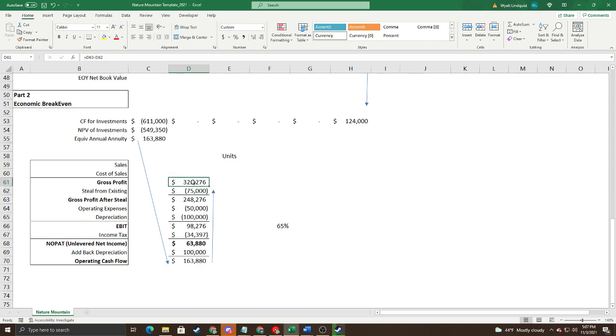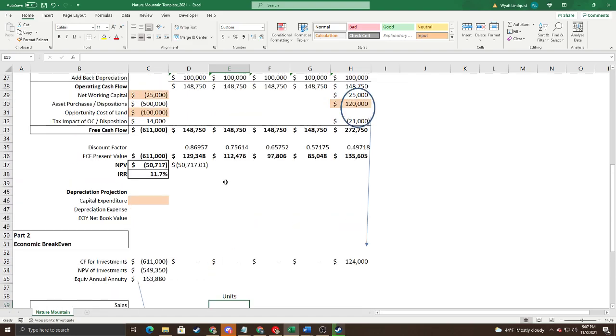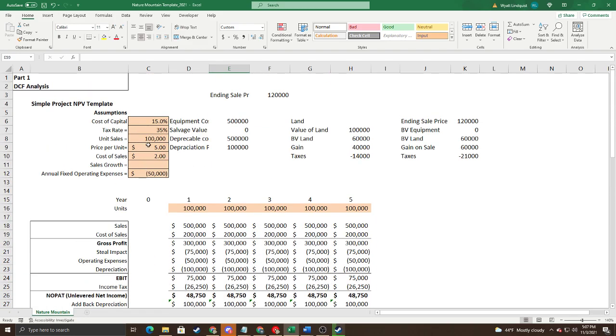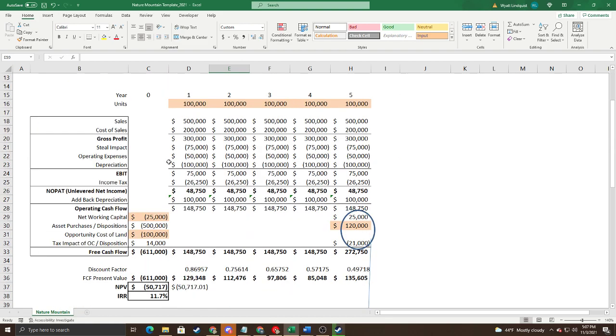So how do we calculate this? Well, or what does this matter, and how do we calculate sales? Well, this is the amount of gross profit that we're going to need every year in order for us to break even in economic units. So we know that our price of each unit is $5 and the cost of selling each unit is $2.